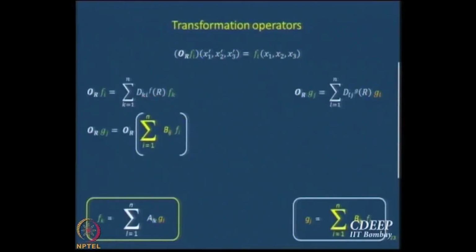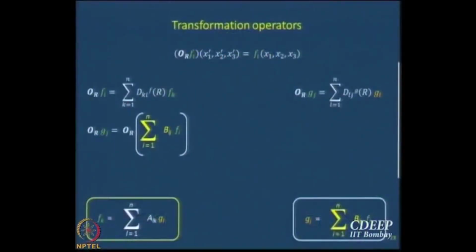This is what it will become. We are only working with the left hand side, not the right hand side at the moment. We will come back to the right hand side later. You are experts in simplifications like these, right. We are now working only with the left hand side. So, it becomes OR operating on sum over I from I equal to 1 to n Bij Fi.